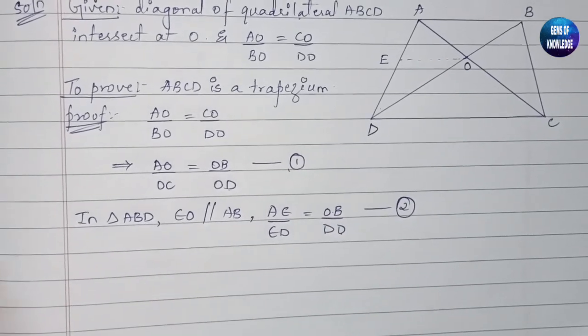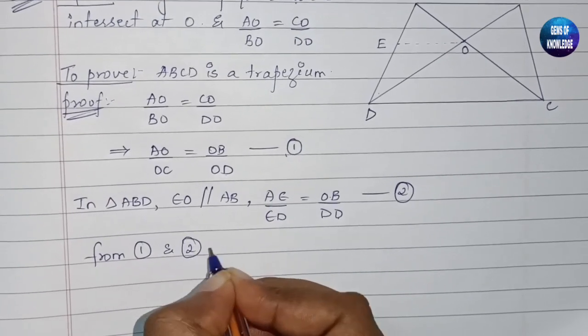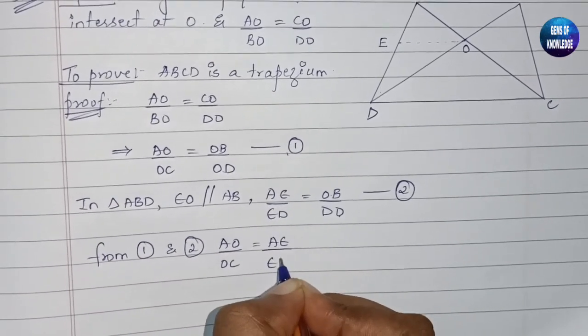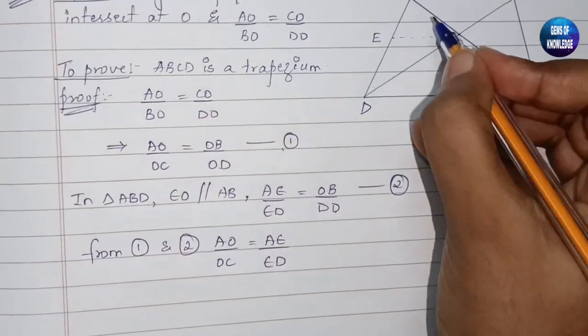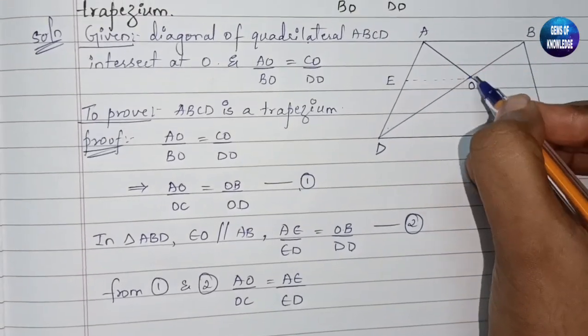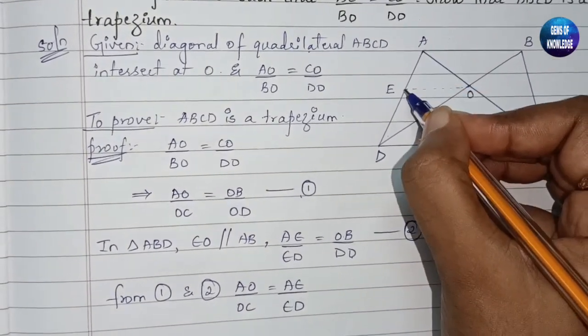So we can write from equations 1 and 2 that AO by OC is equal to AE by ED. This is AO by OC, which is again equal to AE by ED.